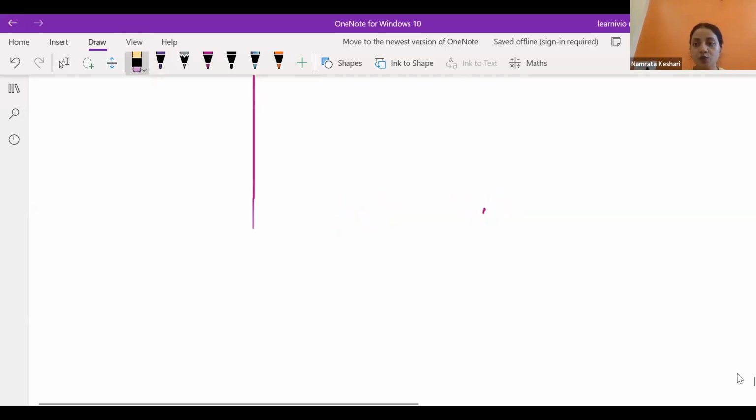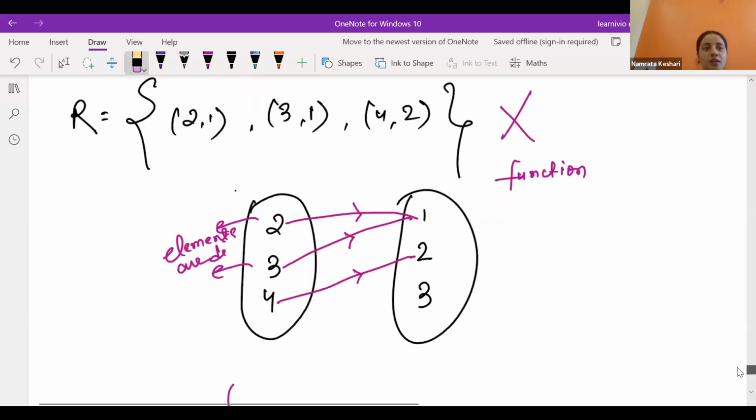I was explaining that two distinct ordered pairs cannot have the same first element. Here the first element was not the same, so this is allowed. I was thinking about another example and was explaining this one.